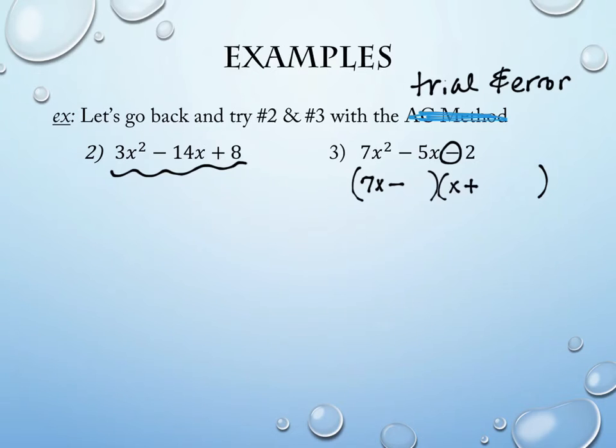The other thing that's not too unfriendly here is that the 2 at the end can only be achieved by multiplying 1 and 2 together. So this is one option, 1 and 2. Another option would be 2 and 1. So I'll do that in a moment. We'll just do 1 and 2.